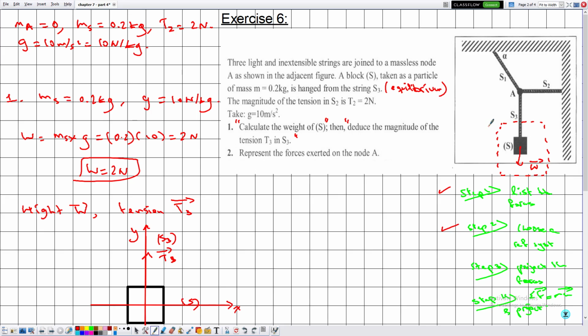So we have determined the magnitude of T3, it's given by 2 newtons. So T3 acting on S3 is given by 2 newtons. Let me make some space here.